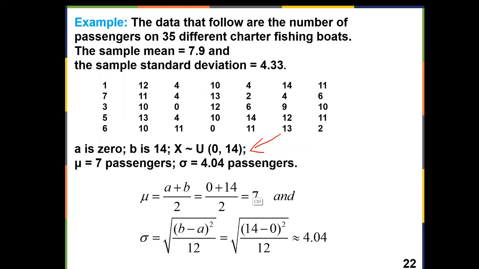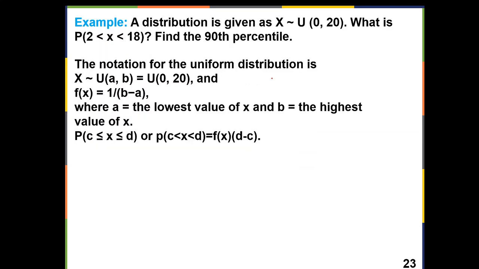But in theory, it's 7. And for the standard deviation, we just put the numbers in there, we get 4.04, which is close to 4.33. Okay? All right.